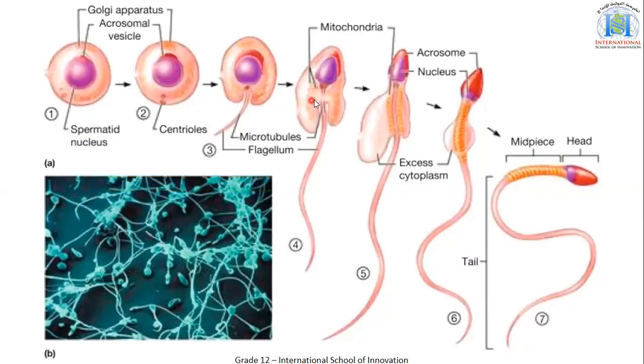These are the mitochondria. So they group in a helix to form the mid-piece of the sperm cell. And we have the centrioles. These centrioles will make the flagellum, will make the tail. At the end, this is what a sperm cell looks like. This is spermiogenesis again, a sperm cell with the head, with the midpiece, and with the tail.